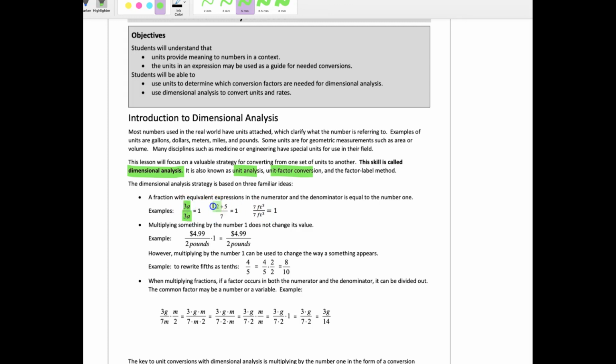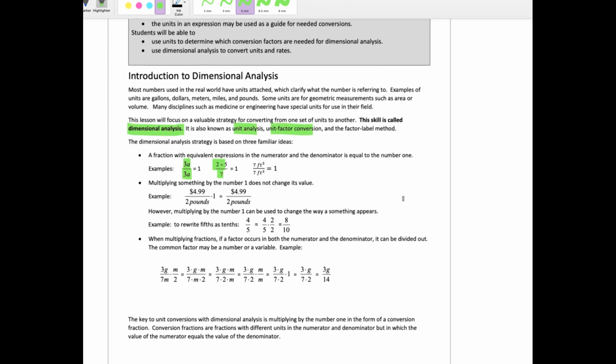You can see some examples here. 7 divided by 7 is 1. 7 feet cubed divided by 7 feet cubed equals 1, which has to do with volume. Just old algebra, 3a divided by 3a equals 1. The same thing divided by the same thing, with equivalent expressions in the numerator and denominator, is equal to 1. We use this idea in dimensional analysis.